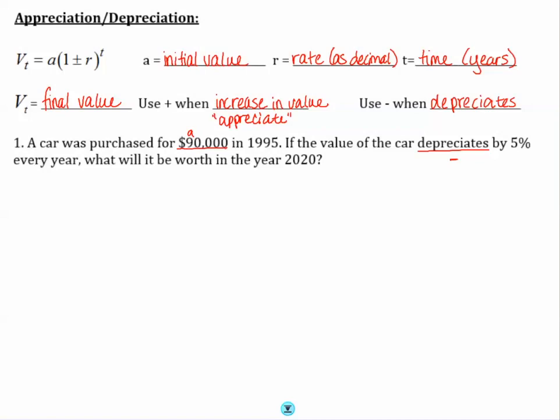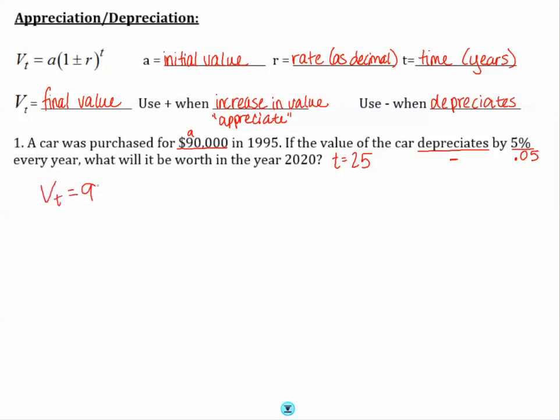If it depreciates by 5%, we want the rate as a decimal, which would be 0.05. And then we need to know t. So from 1995 to 2020, that's 25 years, and we want to find the final value.